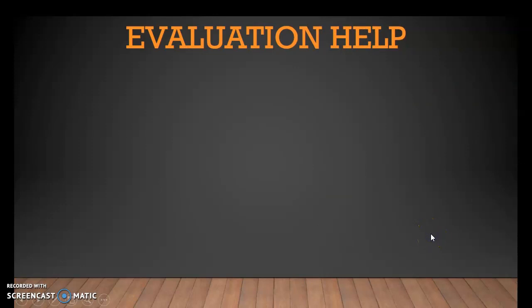So let's talk about some evaluation clues and hints. So again, ID stands for idea development. If you see that marking, it's maybe something was lacking in your introduction. Maybe you have quotes in your paper, but you don't have an explanation.